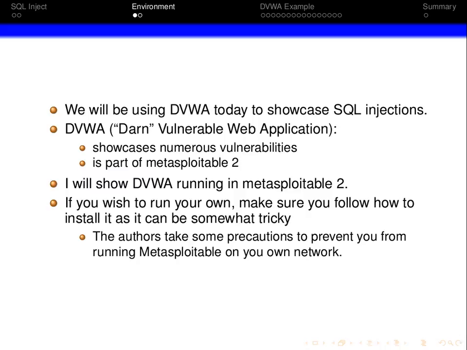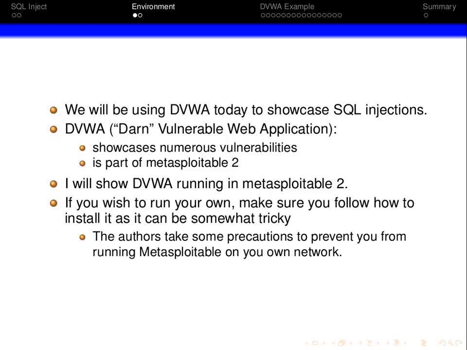Well, real quickly, our environment. So I'm going to show DVWA, which stands for Darn Vulnerable Web Application. This CSU sanctioned, right. I decided to go ahead and change that real quick. It showcases numerous vulnerabilities. It's a part of Metasploitable 2.